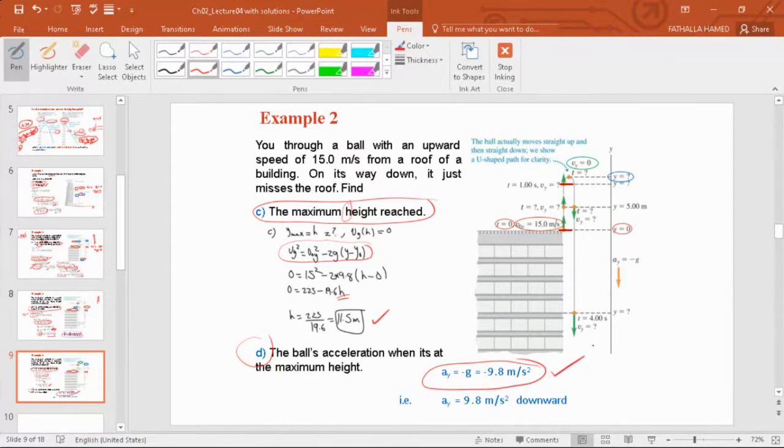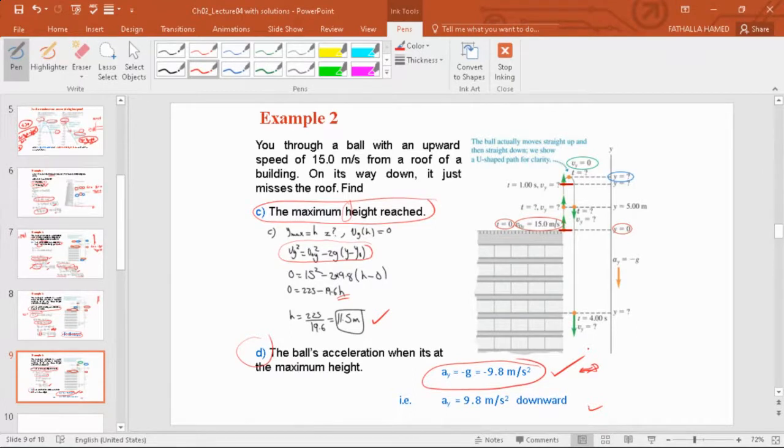That's your acceleration here. Another way you can say it is 9.8 meters per second squared downward. But that's basically the way you're probably going to use, since you define where y equals 0.